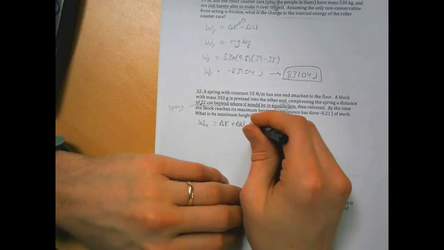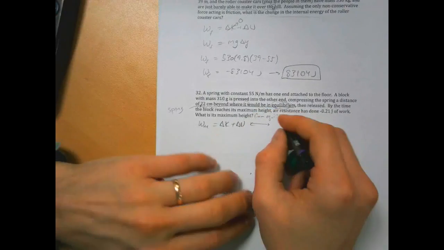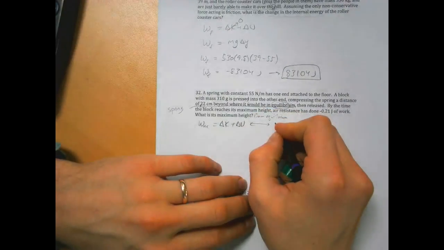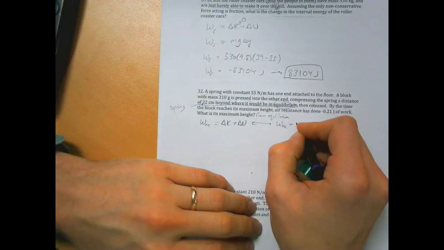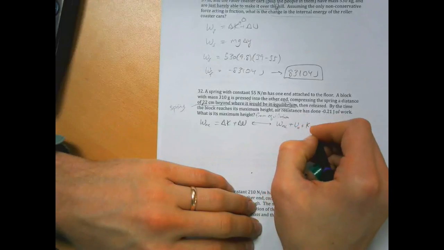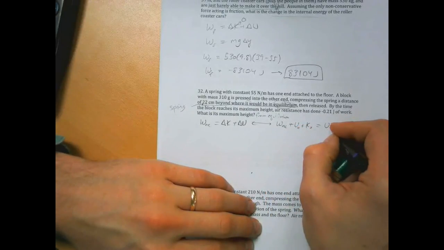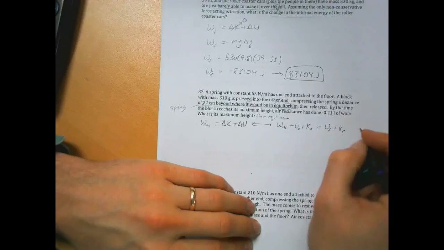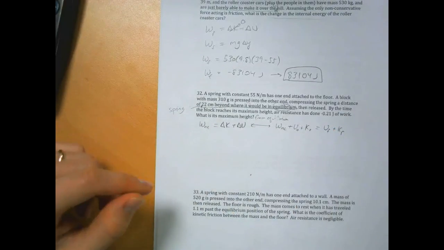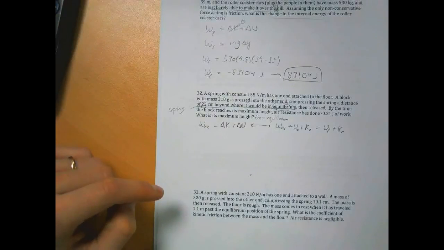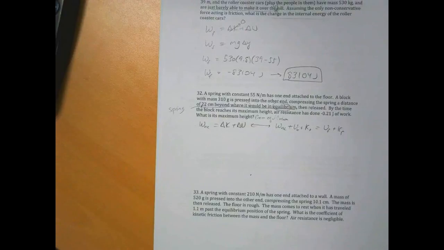If we just rearrange stuff, then this is the same as saying the work done by non-conservative forces is added to the initial mechanical energy to get the final mechanical energy. So whichever way you prefer to think about it, it doesn't matter either way. Okay?